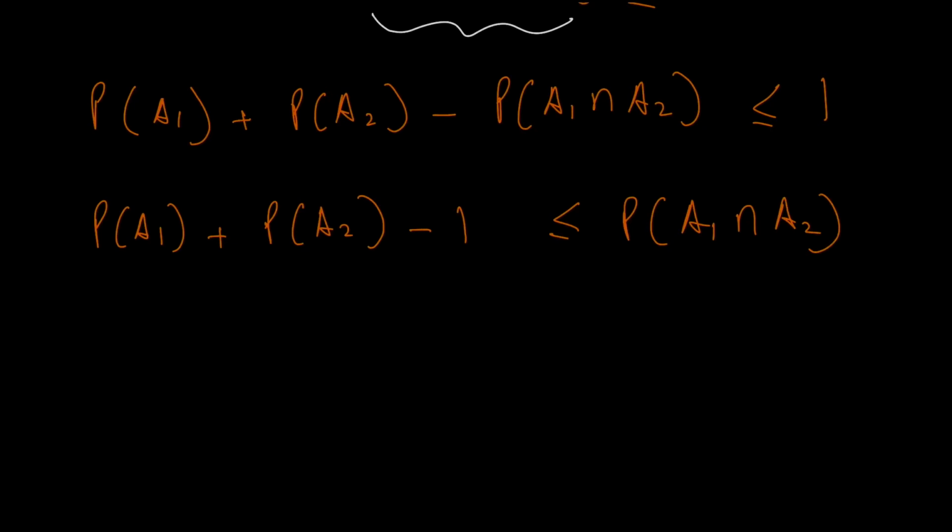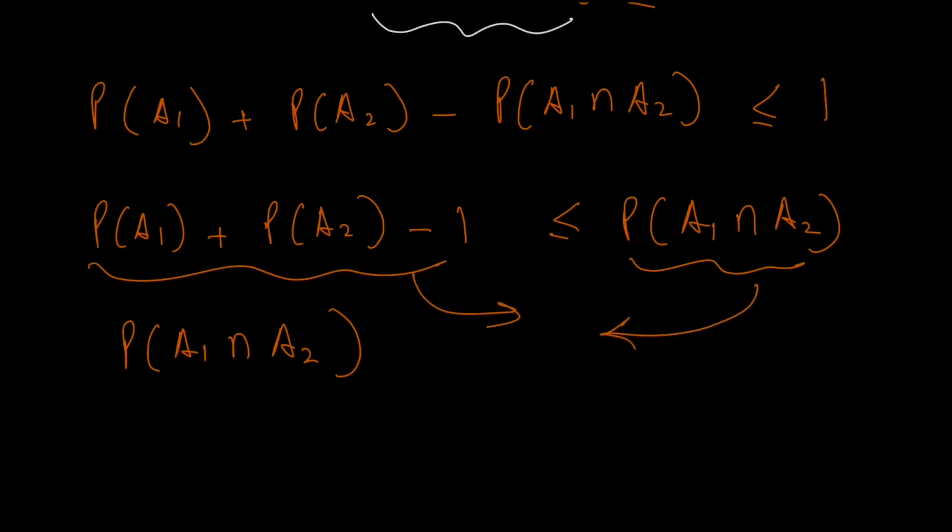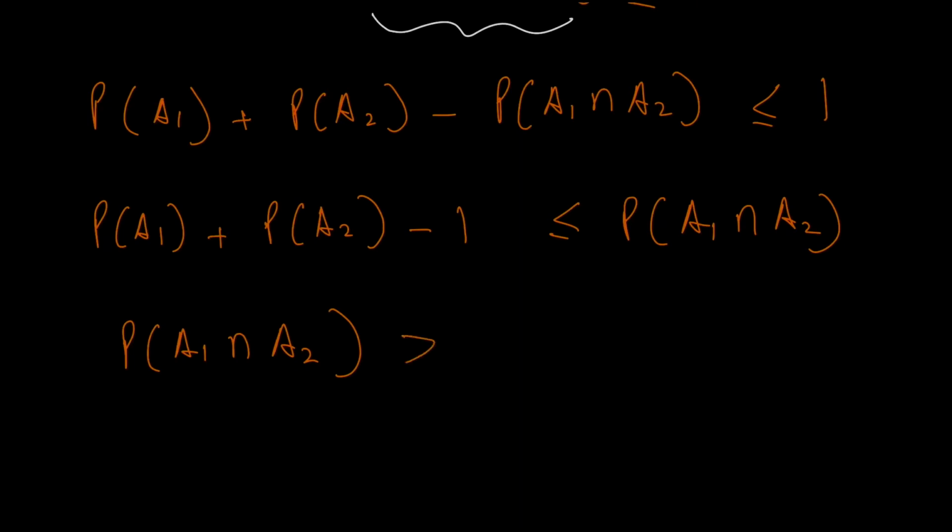Let's just rearrange it. I'm just bringing this term on this side and this term on this side, nothing else. So P of A1 intersection A2 is greater than or equal to P of A1 plus P of A2, and I'm writing this 1 as 2 minus 1.